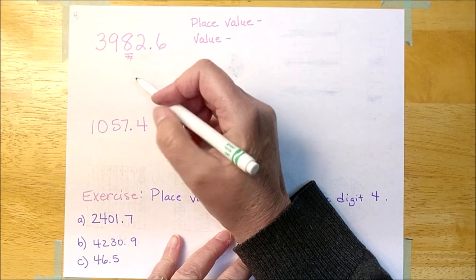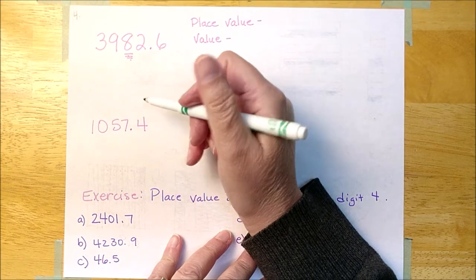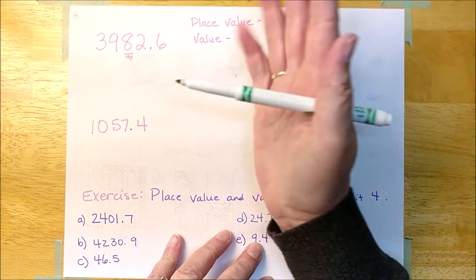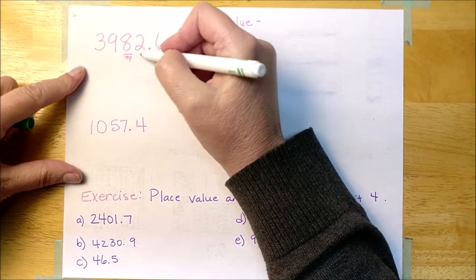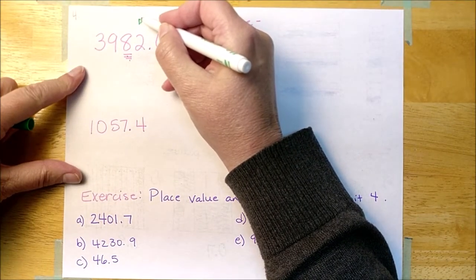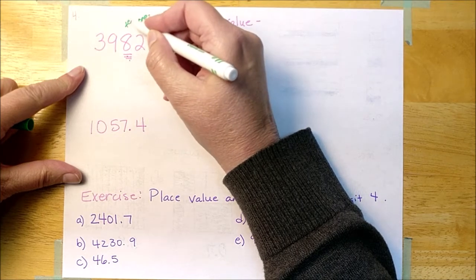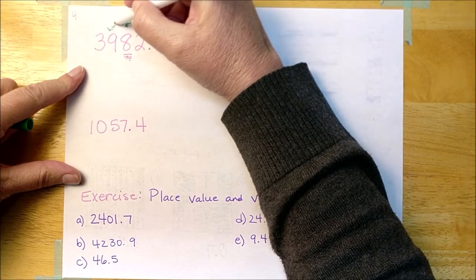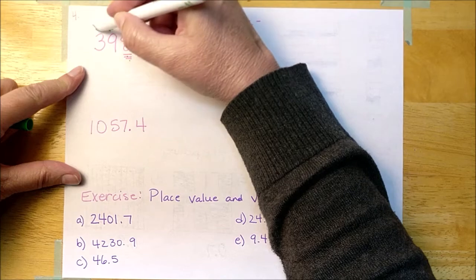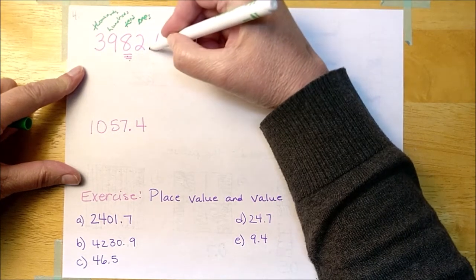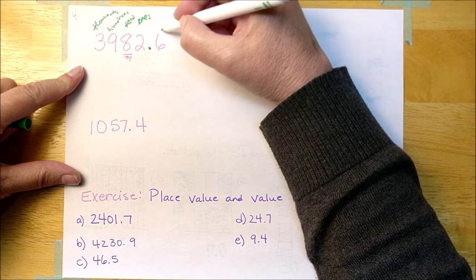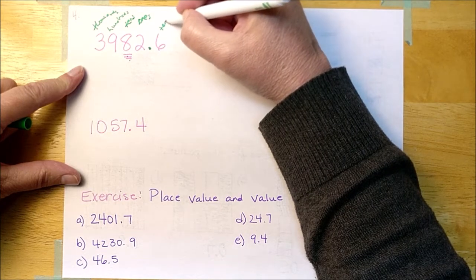Whose place is he in? Is he in the ones place, the tens, the hundreds, the thousands? Where is he? And I see that this is the ones place. This is the tens. These guys in the hundreds. And this guy's in the thousands. And this guy here, he's behind that decimal. So when I say him, I'm going to say 6 tenths.